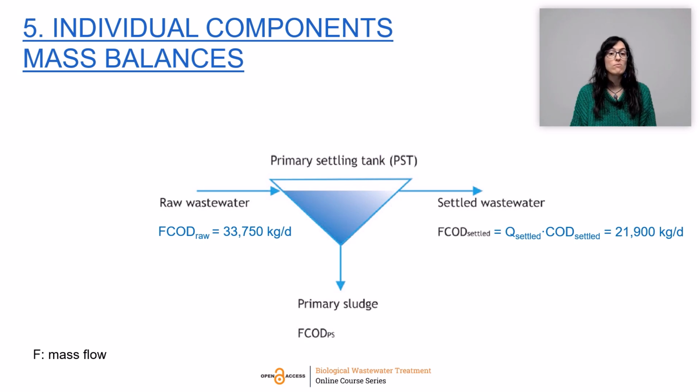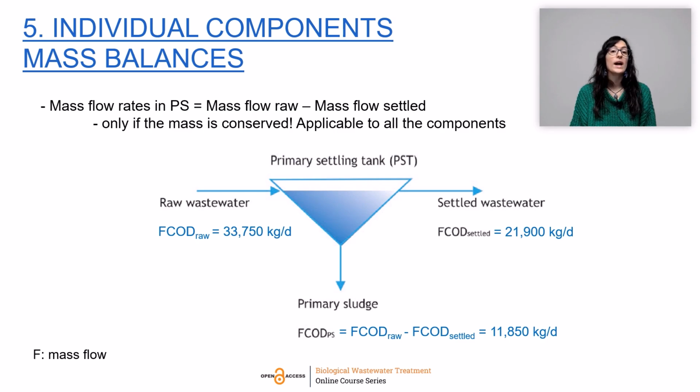We can do the same with the settled wastewater, since we also know the flow and the concentrations. And at this point, the only thing that is remaining now is the mass flow of the primary sludge. We can calculate this as the difference between the mass flow rate in the raw and the settled wastewater.